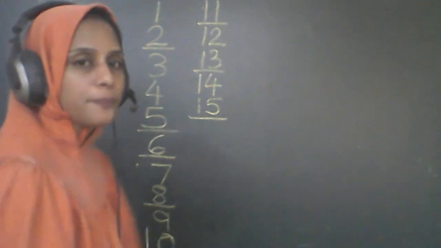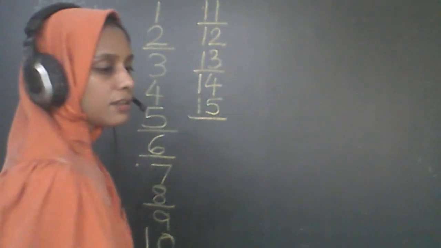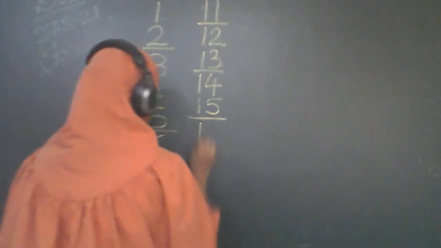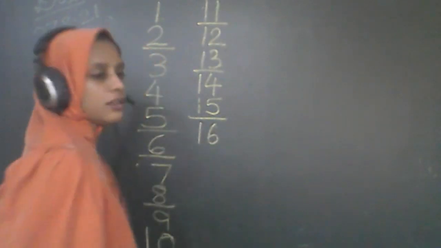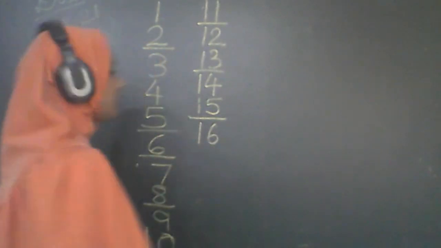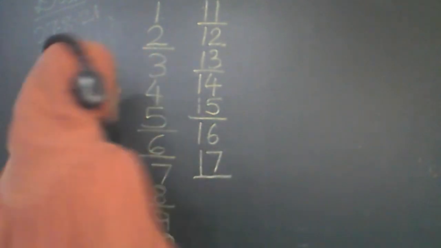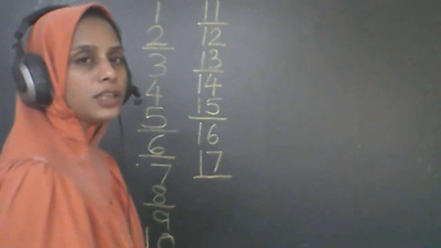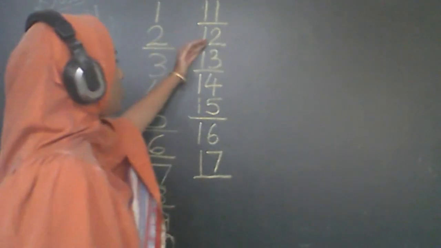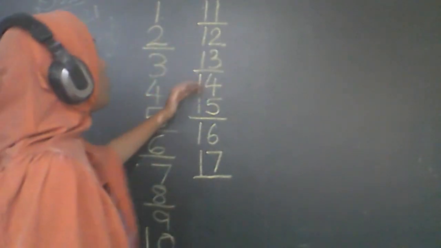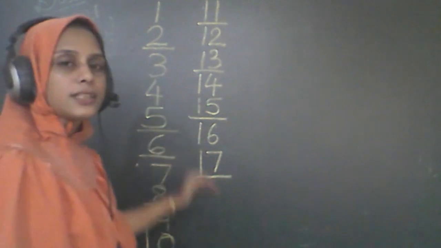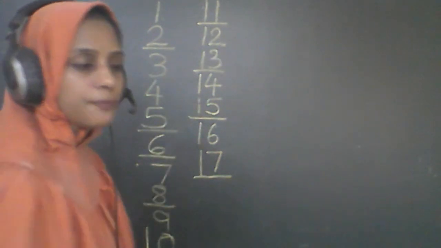Okay? Then 16 is already written. After 16, 17. You have to fill all the blanks by saying the counting. 11, 12, 13, 14, 15, 16 and 17.